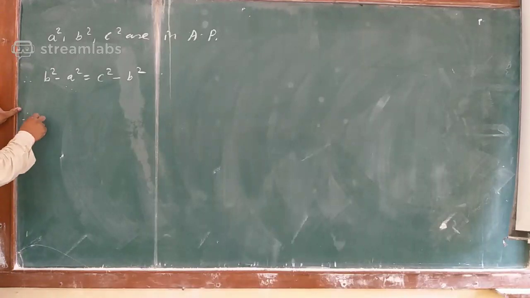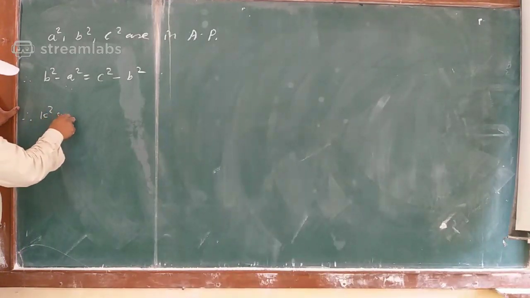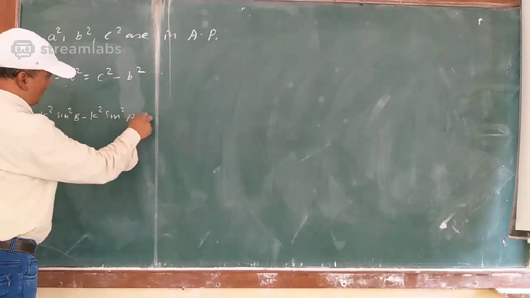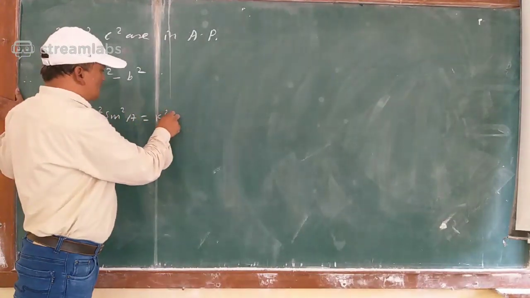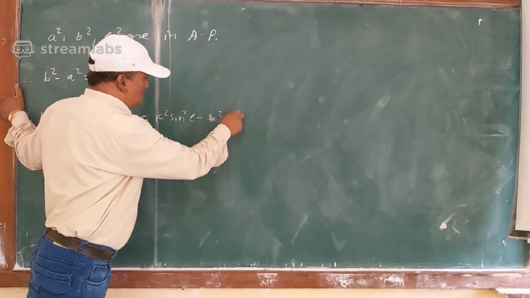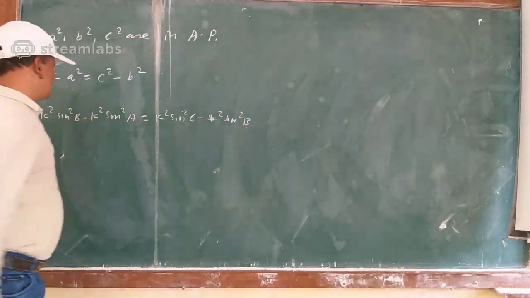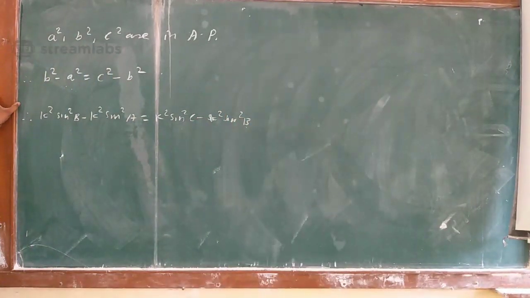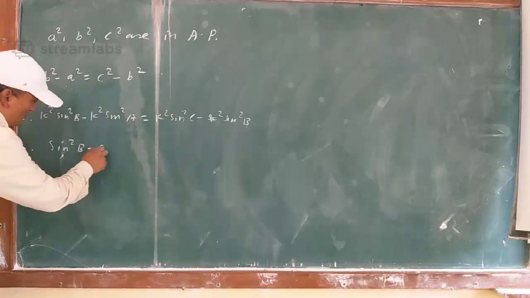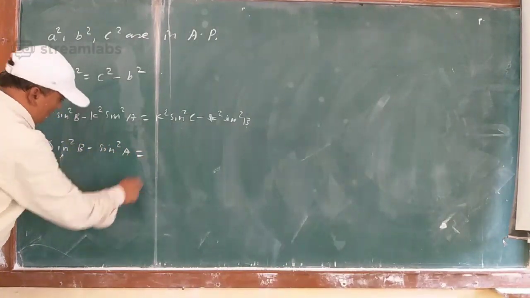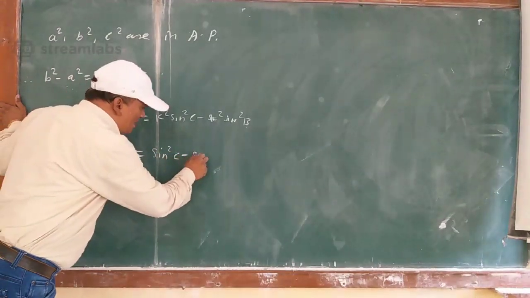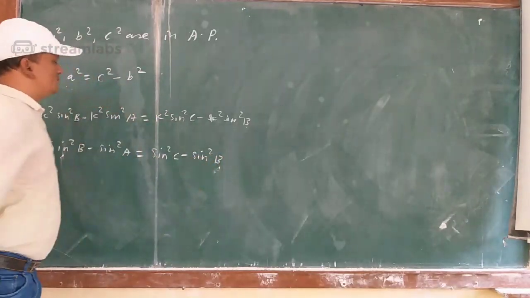It means K square sin square B minus K square sin square A equals K square sin square C minus K square sin square B. K square cancels, so sin square B minus sin square A equals sin square C minus sin square B.